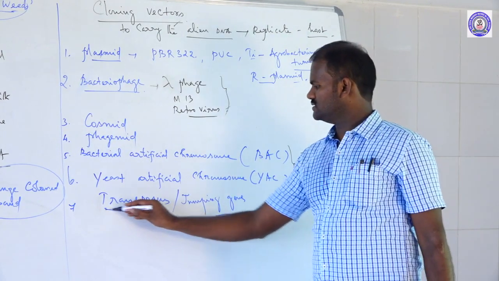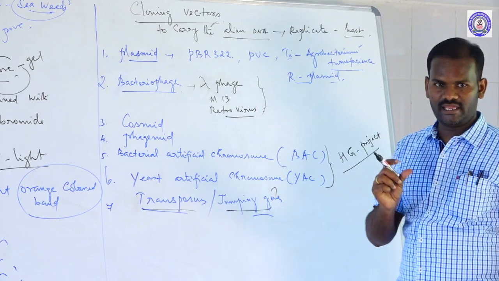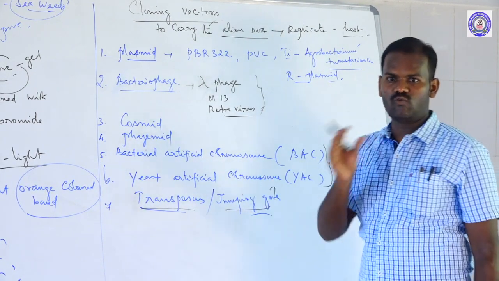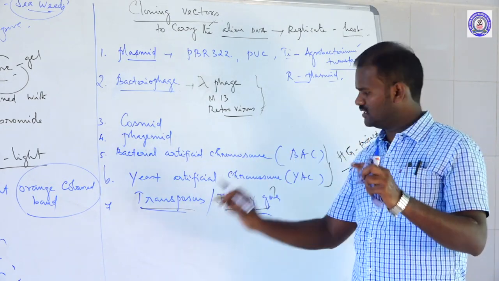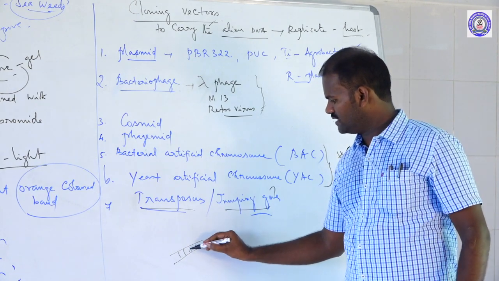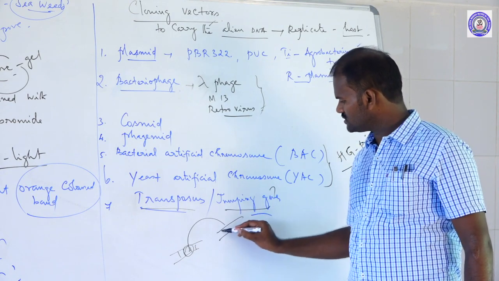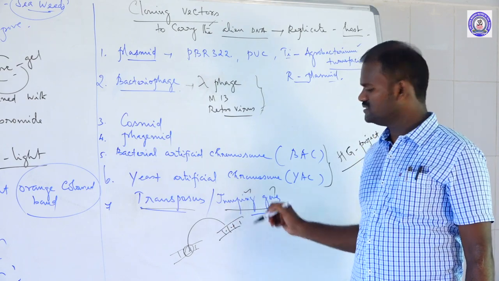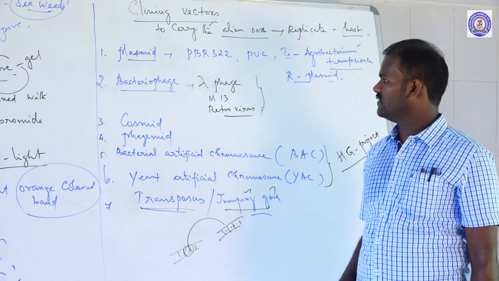Transposons are also called jumping genes because a particular sequence of DNA easily jumps from one position of DNA to another. It is a sequence of nucleotides that moves to another position, hence it is called a jumping gene. It is also used as a vector in recombinant DNA technology.